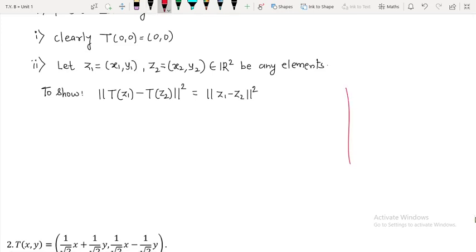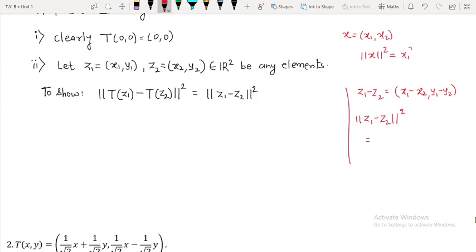Okay, so what will be my z1 minus z2? z1 minus z2 will be (x1 minus x2, y1 minus y2). So what will be my norm of z1 minus z2 whole square? It will be simply, now over here we are going to go for dot product. Okay, so if we are having some x is equal to (x1, x2), so we already know what is our norm of x square.